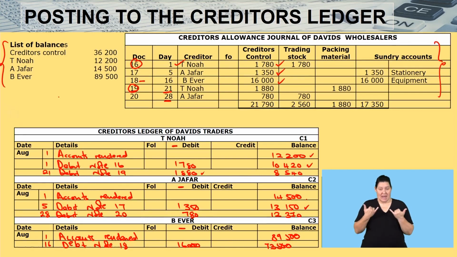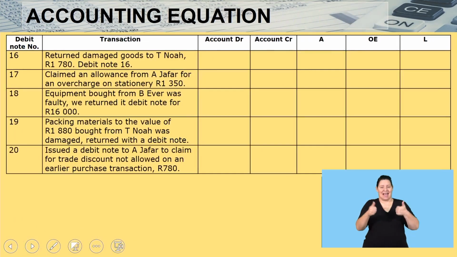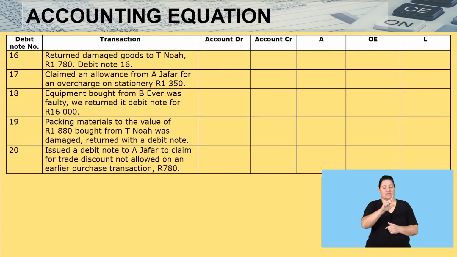We are now going to see the effect of these transactions on the accounting equation. The first one says, returned damaged goods to T Noah, 1,780. Which account do we debit? Once it's an allowance, we're going to debit our creditors control. So here it will be creditors control because it is an allowance.